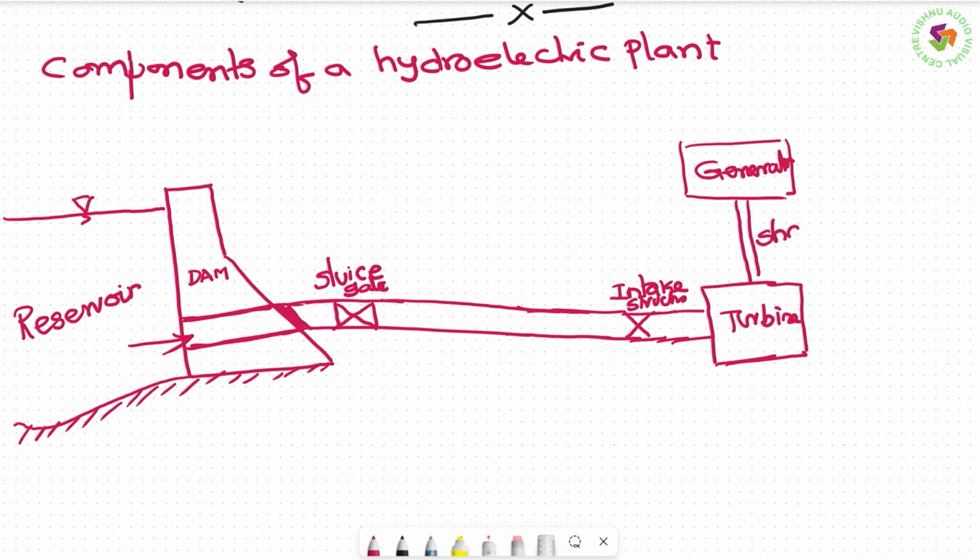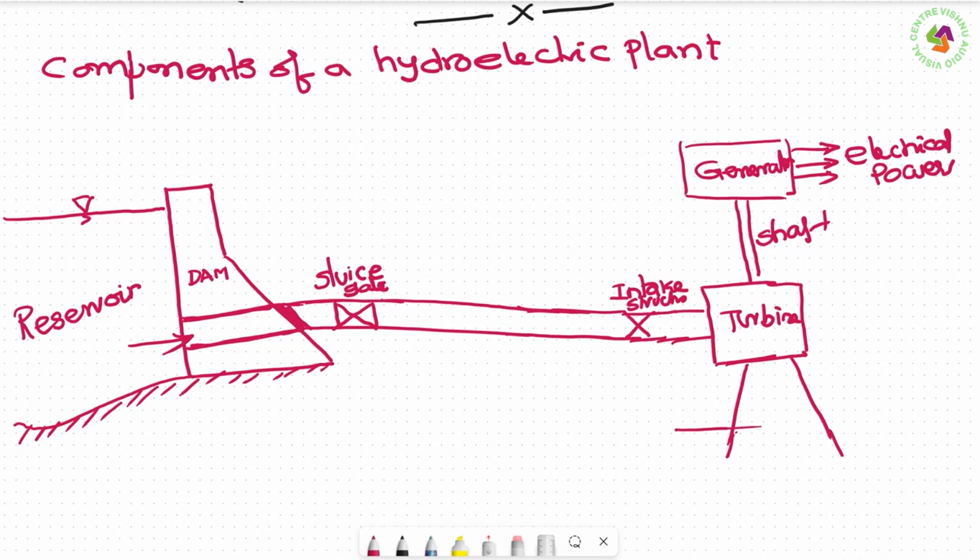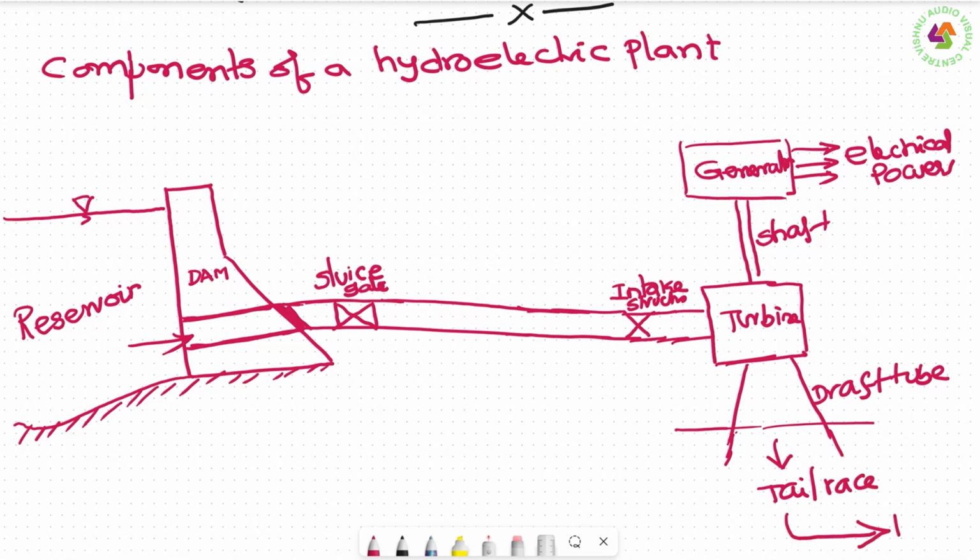This is the shaft. And from here, electrical power. And after this, there will be a tube called the draft tube. Then this is the tail race. And from the tail race, again to the river.